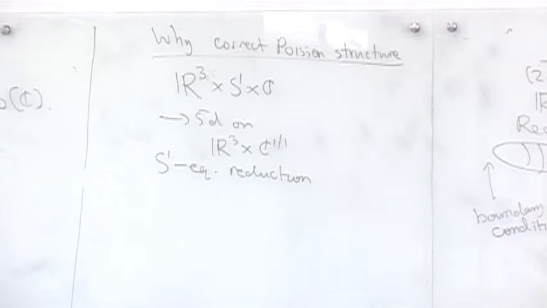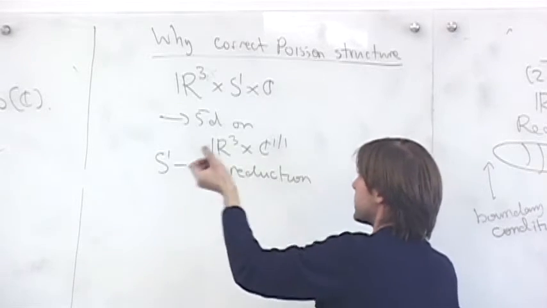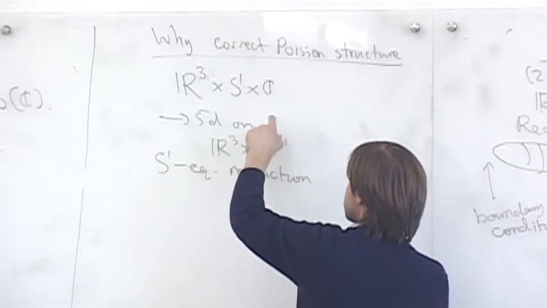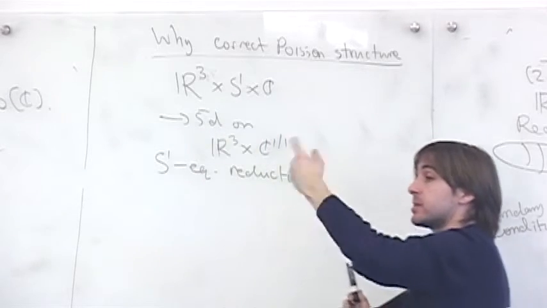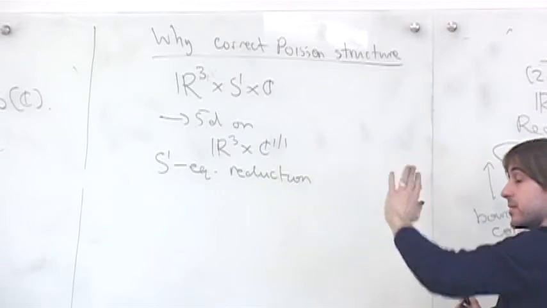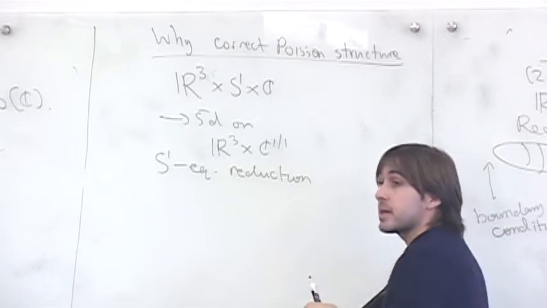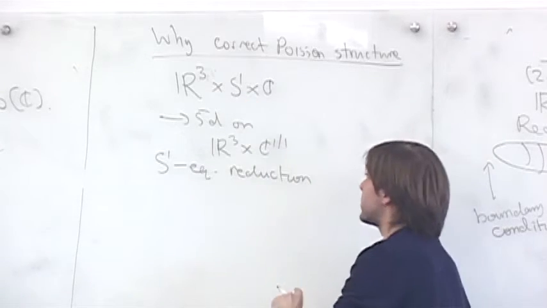At the beginning, we could reduce from 6D to 5D in various ways, and we find various different twists. We take this C to be the fiber of the circle with some monodromy, or we do some different things. But one of the things I forgot to mention is we can also do an S1 equivariant reduction.